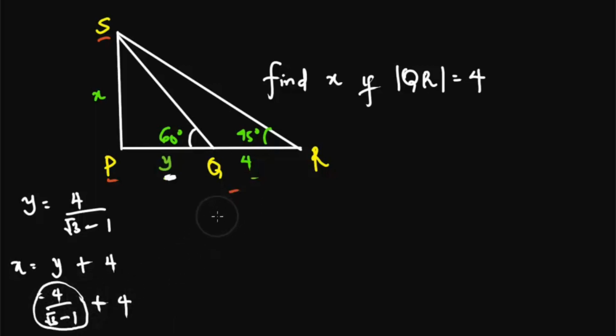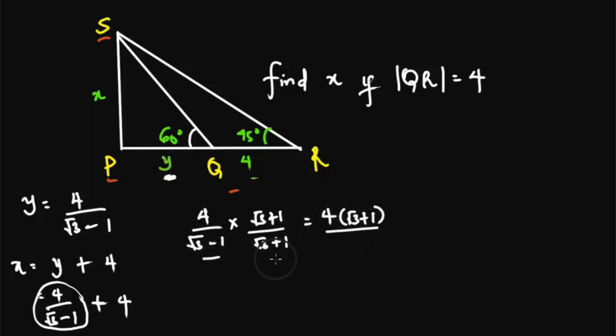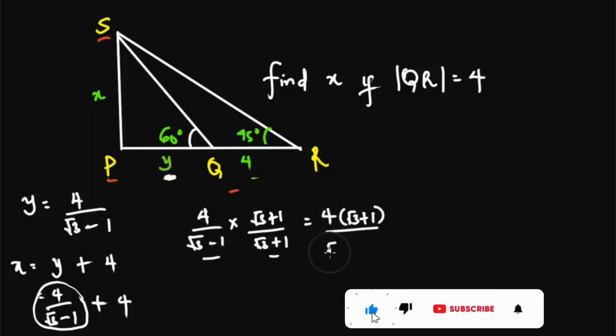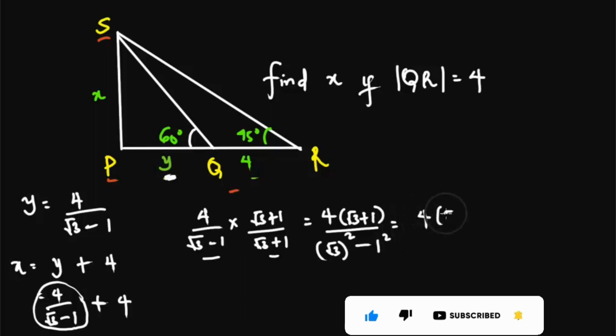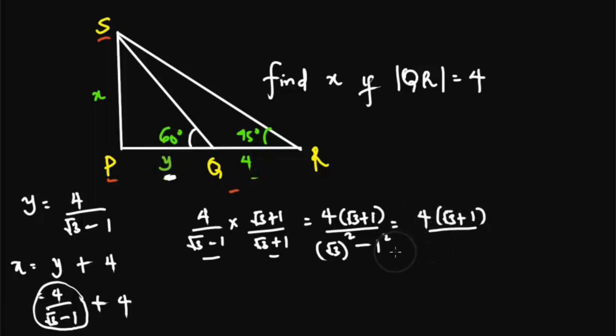To simplify this, let me simplify 4 over (root 3 minus 1) first. I can rationalize by multiplying by (root 3 plus 1) divided by (root 3 plus 1). This gives 4 times (root 3 plus 1) divided by, using the difference of two squares, root 3 squared minus 1 squared. So 4 times (root 3 plus 1) divided by (3 minus 1), which is 4 times (root 3 plus 1) divided by 2, and this is 2 times (root 3 plus 1).